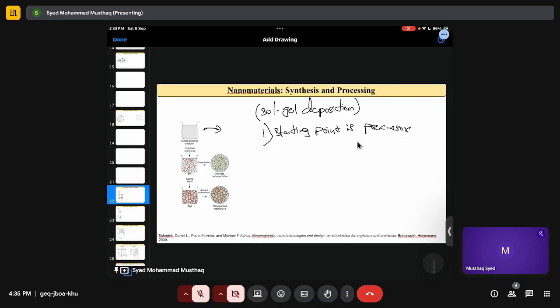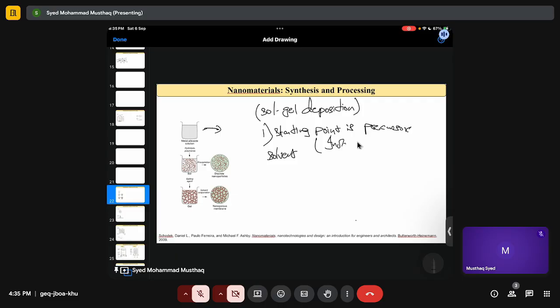Now the precursors can be dispersed in a solution, mostly inorganic solvents. We call them solvents instead of writing solution. So these precursors are dispersed or immersed in solvent.